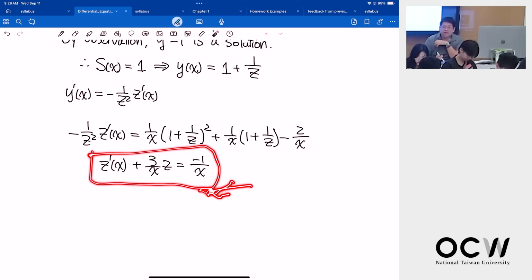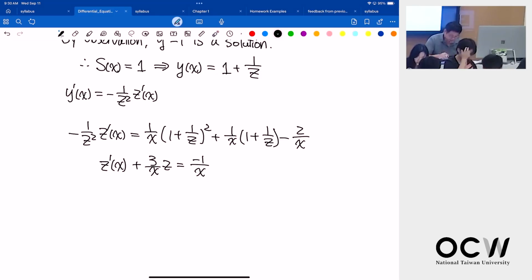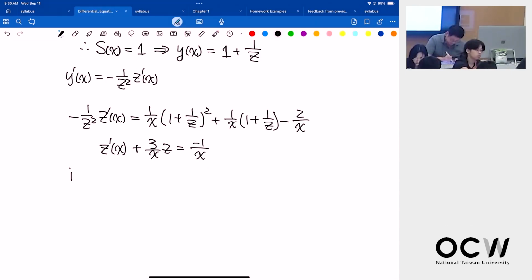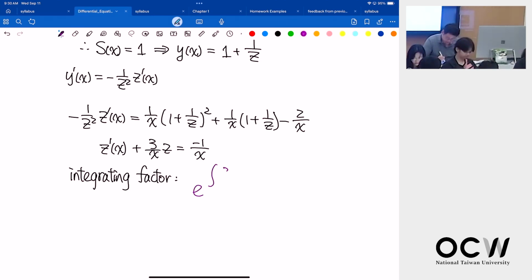Then what do you do once this is linear? Find the integrating factor, right? So now let's find the integrating factor. What is the integrating factor? Exponential to the integration over p(x). You get x cubed.